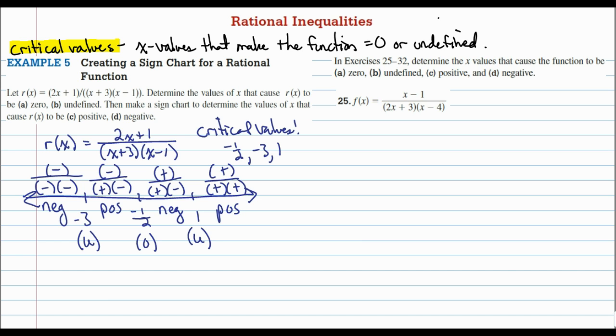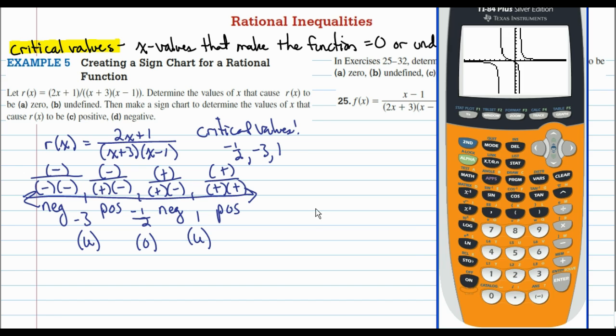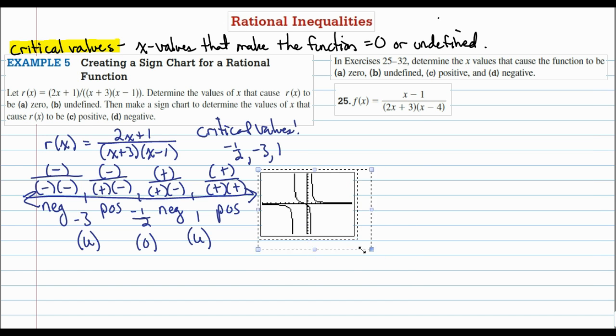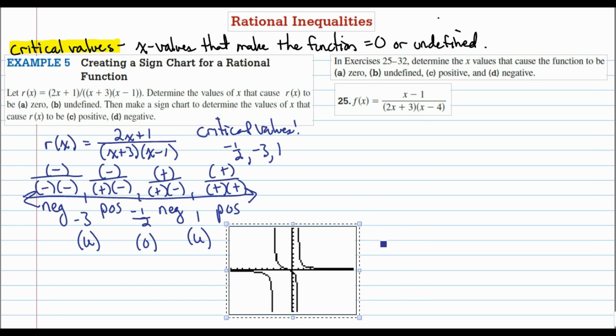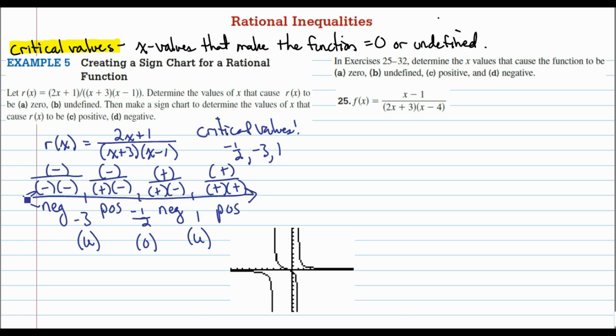Okay, before we start labeling what the answer to A, B, C, and D is, I want you to look at this graph to show you exactly what we just did here. The x values to the left of negative 3, when I plug them in, will produce a y value less than 0. Between negative 3 and negative 1/2 will produce positive y values.